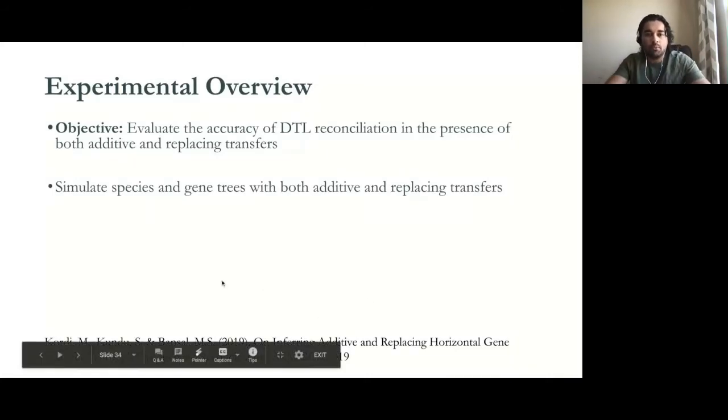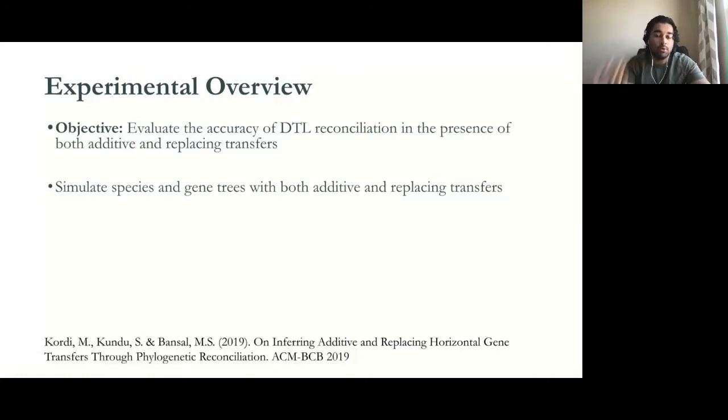So what we would do in this experimental setup is we would simulate different species trees and gene trees with both additive and replacing transfers. And again, the DTL reconciliation framework cannot tell the difference between the two, but we want to see if being agnostic of the two types of transfers will affect its performance or not.